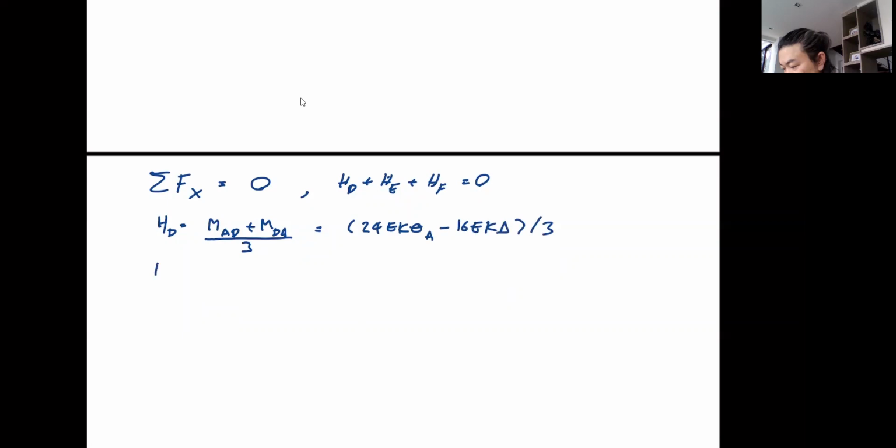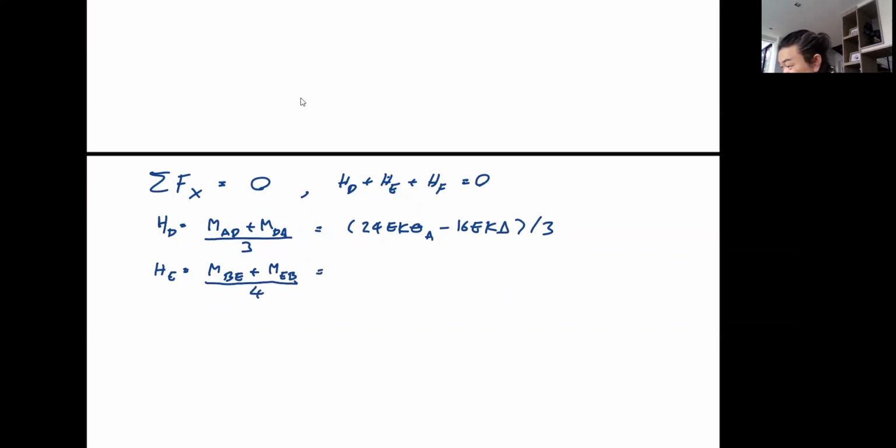Now HE is next. HE is going to be MBE plus MEB over 4.